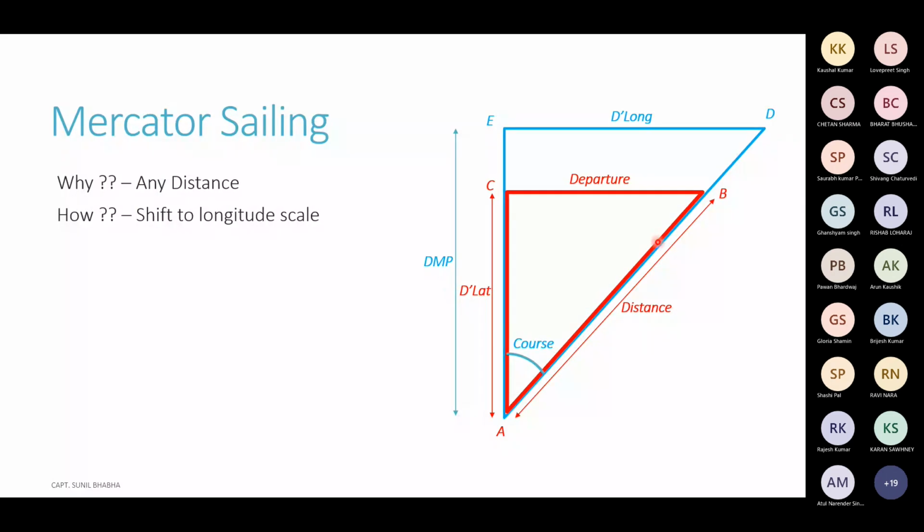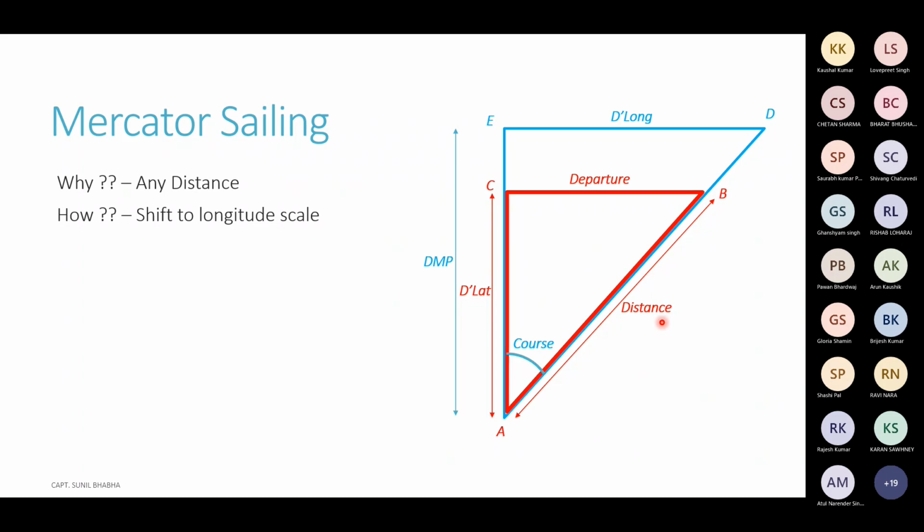Now coming to the third side of the triangle. The third side was distance. There is no way that we can measure the distance in longitude scale because the units of distance are fixed. The distance is measured in nautical miles, and 1 nautical mile is fixed as 1 minute of latitude, 1852.3 meters.